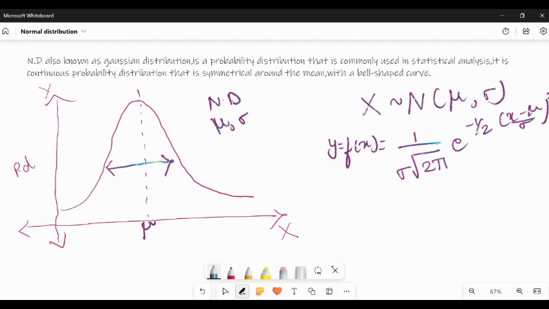Based on the dispersed value, sigma denotes it. The normal distribution is always centered on the average value. If it is centered on the average value, then only it's called a normal distribution, and vice versa. As I've said, the normal distribution is well known by mu and sigma, and by using those we get the formula for it.